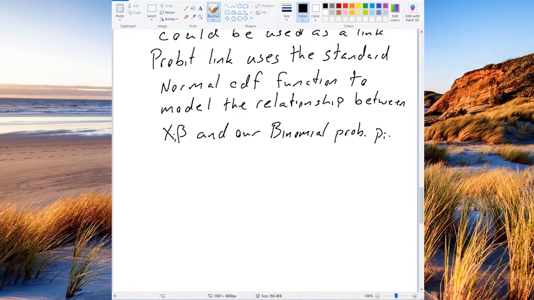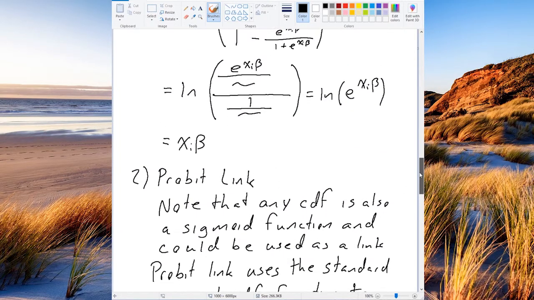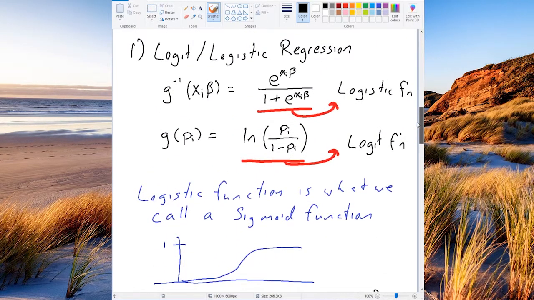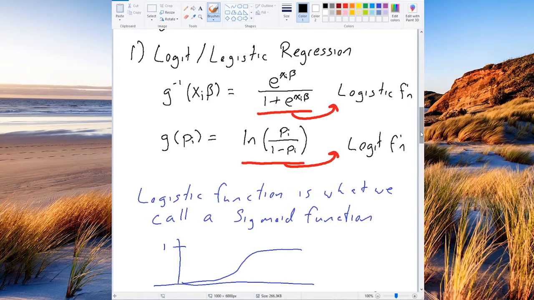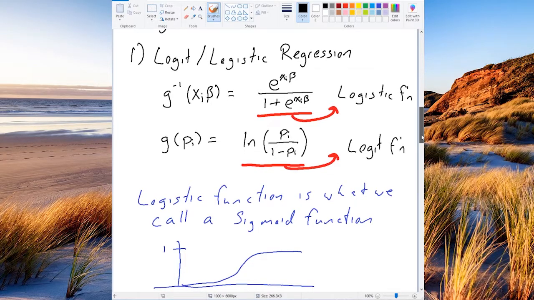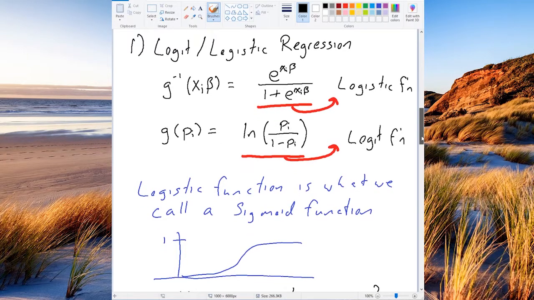So what is this going to look like for us? Well, we need this G inverse and G again, right? G inverse is going to take xi beta and turn it into a probability. And then G takes the probability and reverses that back to an xi beta.